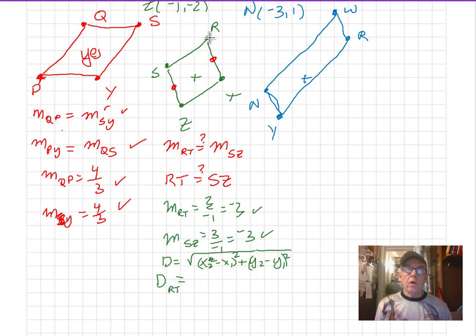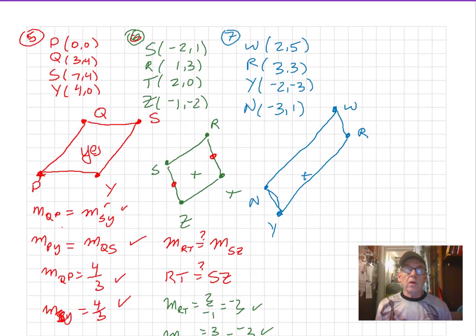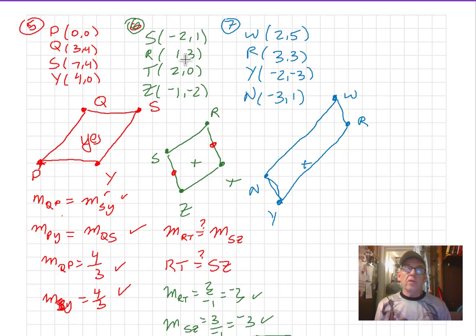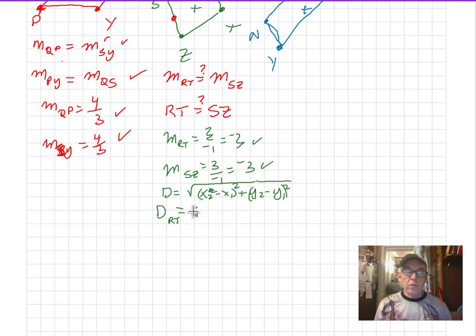Let's look at the coordinates up here. The x for R is 1, and we're going to T. 1 take away 2 is -1, and the difference of the y's from R to T is 3. So we have the square root of -1 squared plus 3 squared. That's going to give us the square root of 10.